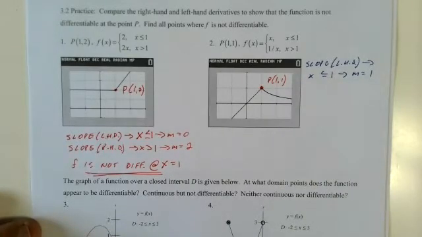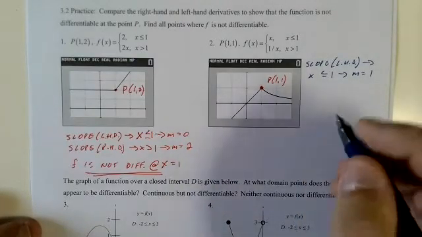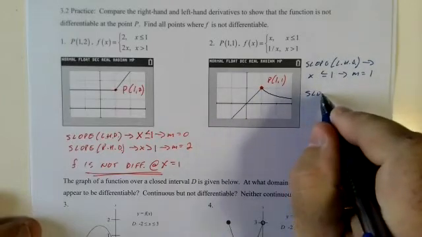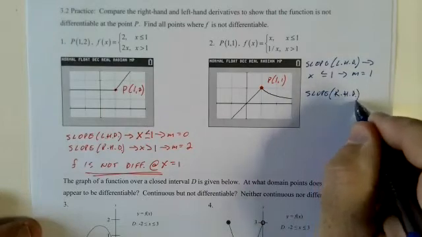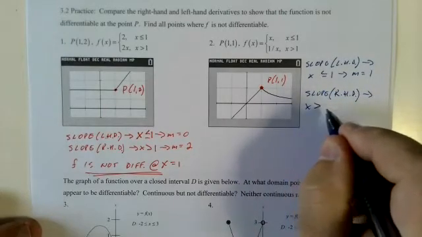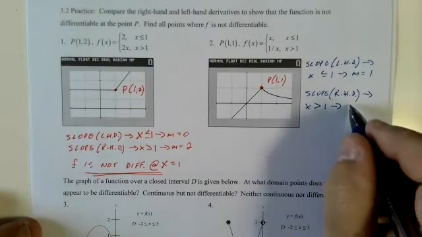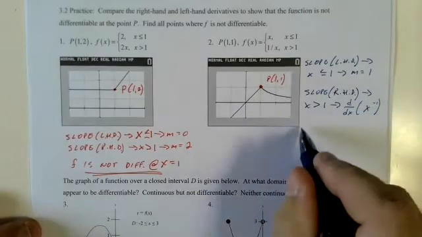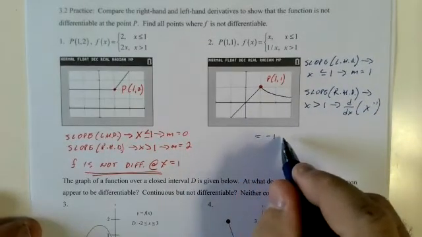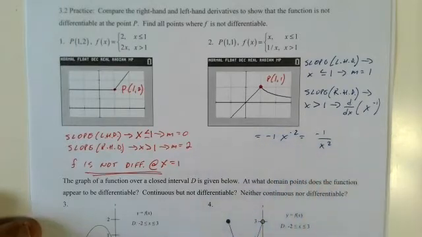Now on the other side, I need to take the derivative, which we really haven't learned how to do yet, but I just haven't made it official yet. So the slope for the right-hand derivative when x is greater than 1, we have to take the derivative of x to the negative first, which is -1 times x to the negative second, which is -1 over x squared.